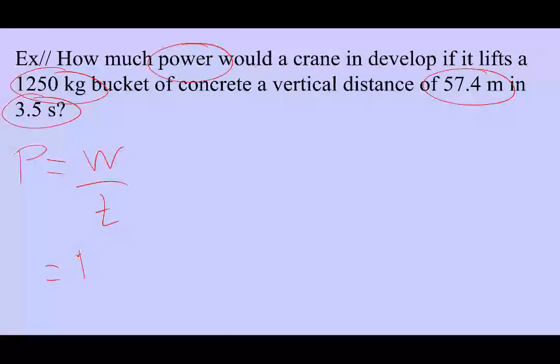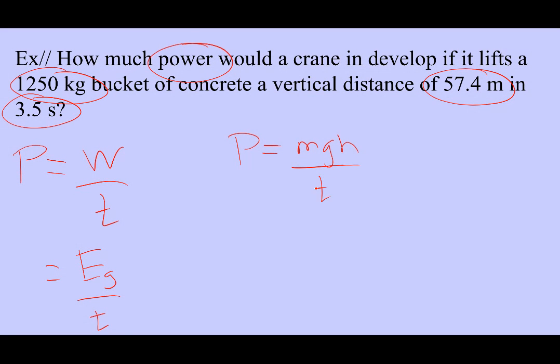You're giving it gravitational potential energy. It's kind of like, if you can remember a couple of weeks ago, doing a question involving getting a flag up a flagpole or something like that. And then EG is equal to MGH. So I'm going to say, okay, so you're telling me MGH can go here. That's the formula for gravitational potential energy over time. And yes, that is exactly what I'm telling you.